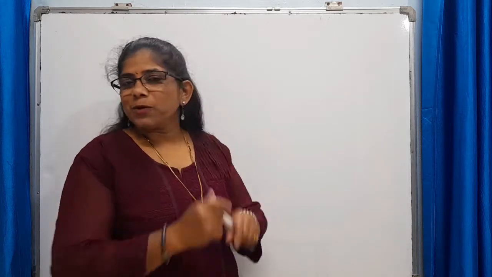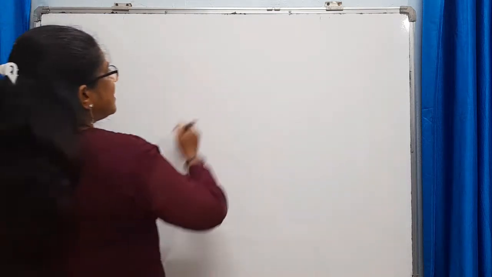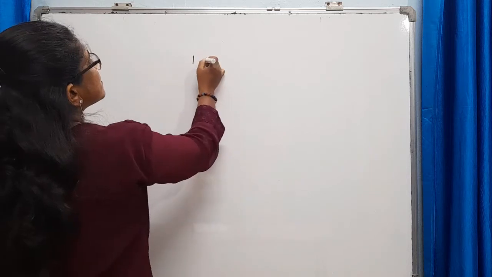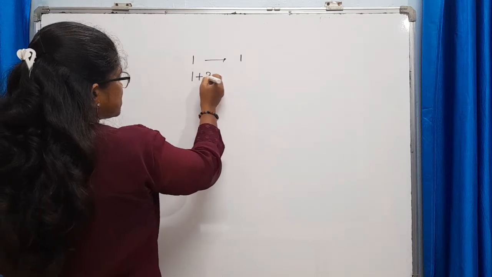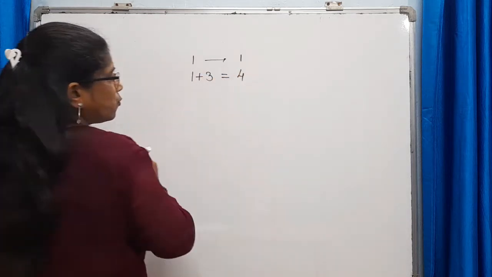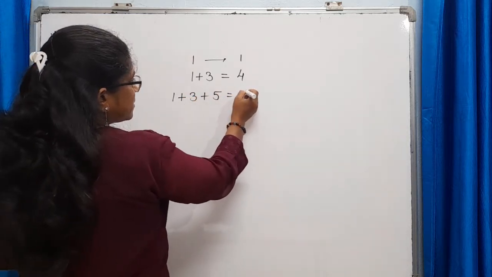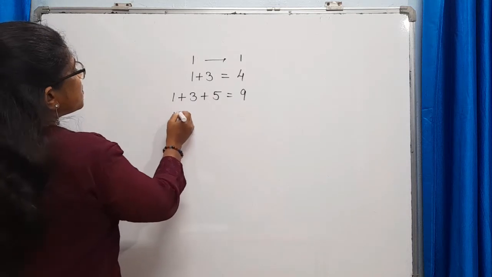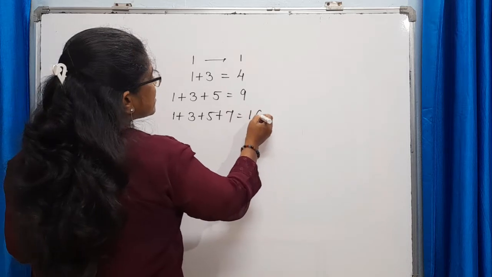It's quite simple method. But before I start the actual method, I would like to tell you one interesting fact about the squares of the number. Just have a look here. 1 I am writing as it is. 1 plus 3 is equal to 4. 1 plus 3 plus 5 is equal to 9. 1 plus 3 plus 5 plus 7 is equal to 16.